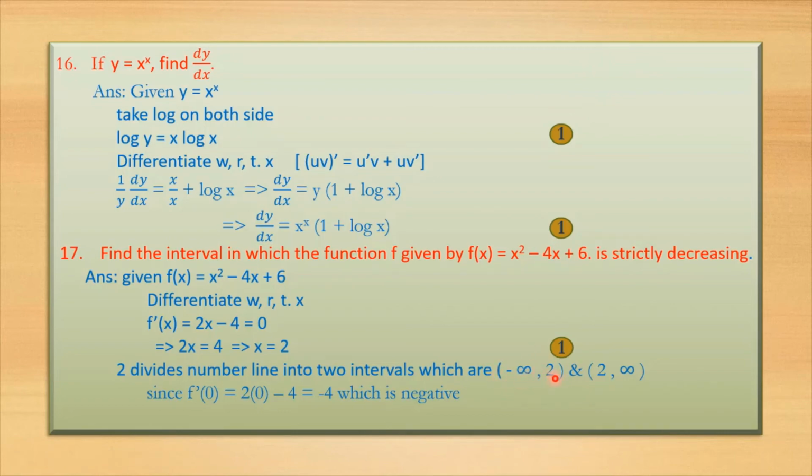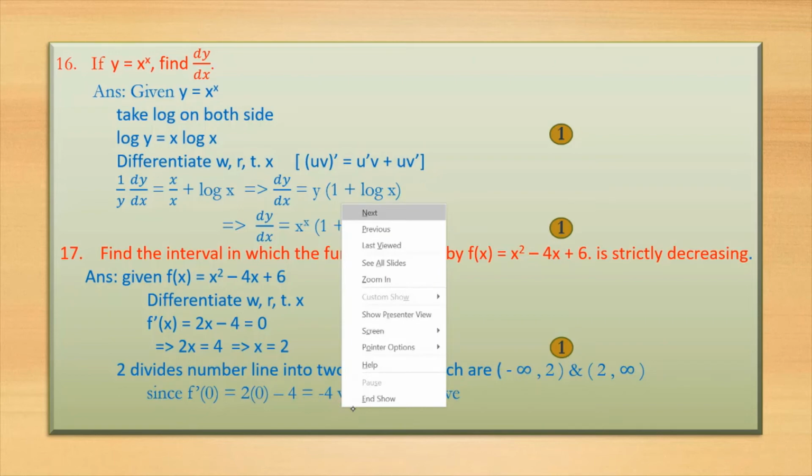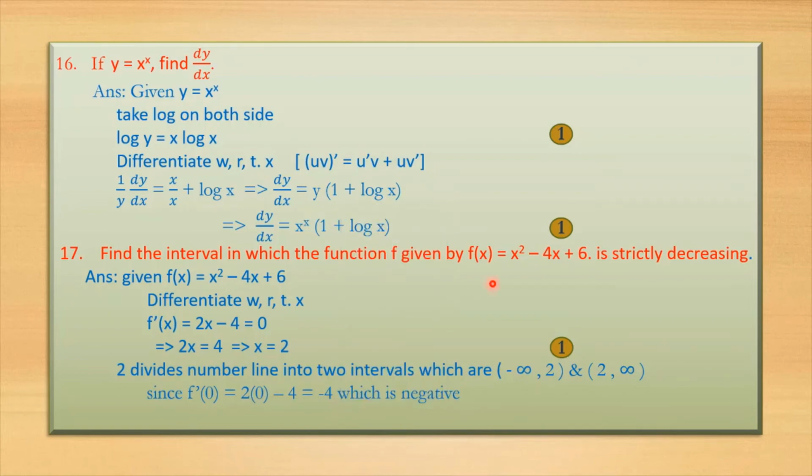For minus infinity to 2, I'll be taking 0. So f dash of 0 is equal to minus 4, which is negative. Therefore it will be concluded that f of x is strictly decreasing in the interval minus infinity to 2.